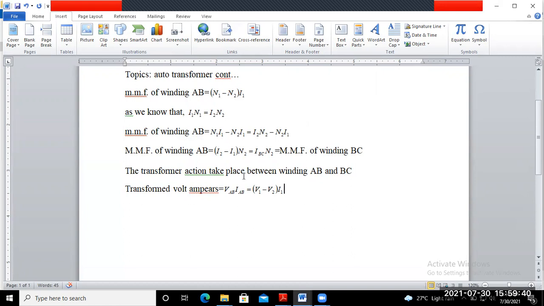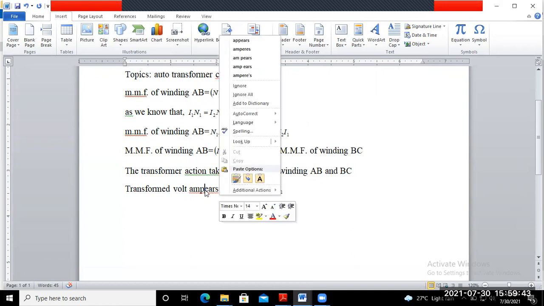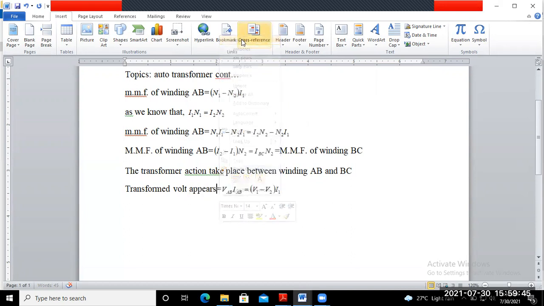And the total input volt ampere to the transformer is equal to V1 I1, the total voltage supply and the current flowing through the winding AC.